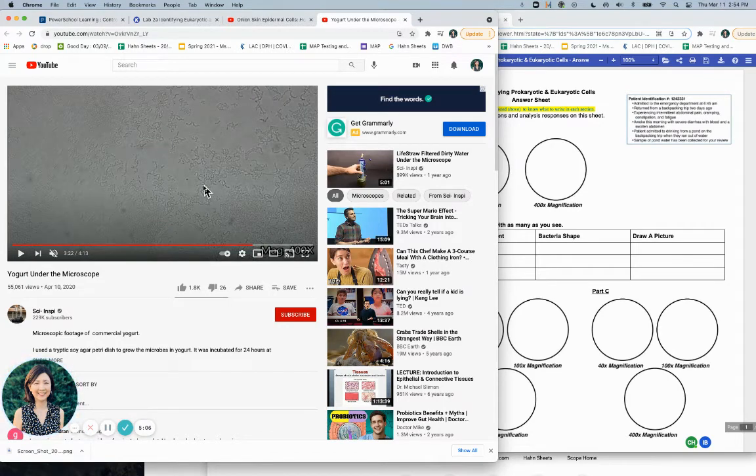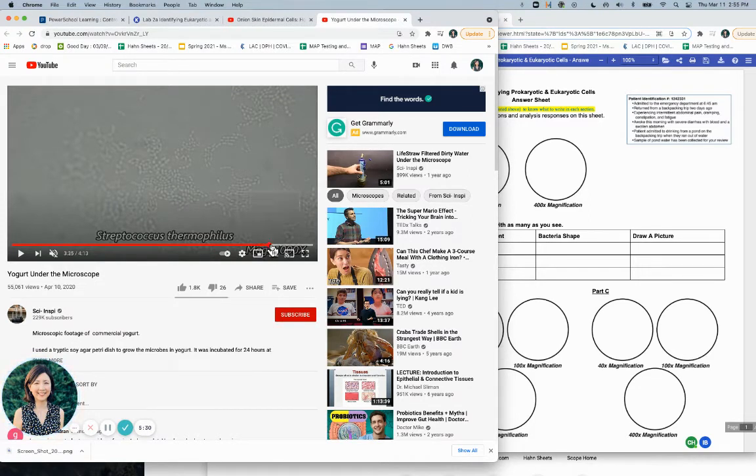If you look, you can see tiny circles in a chain-like cluster. So you can draw it like that in 400 magnification. I think he then shows it at 1000 magnification, so you can see the Streptococcus bacteria.